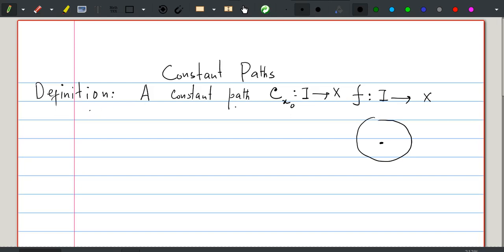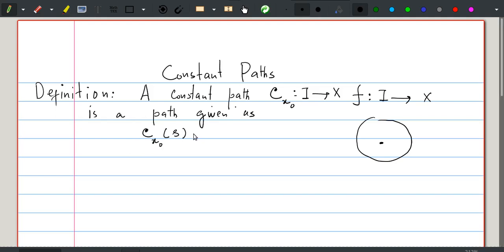The constant path c sub x naught is a path given as c sub x naught of s is x naught for all s in the interval I. So this path stays at x naught all the time as s varies over I. This implies that each point in the space X can be identified as a constant path.